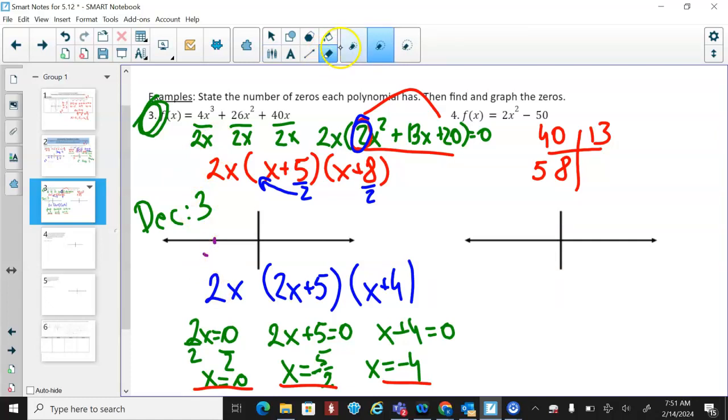That's 2.5. I also have -4, and I also have 0. So I got 3 solutions: 1, 2, 3. In 3 places, this graph will cross the x-axis.